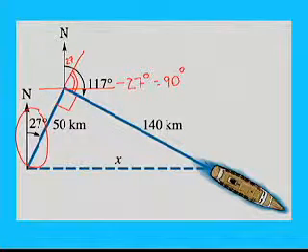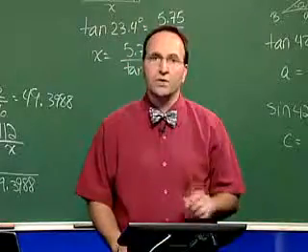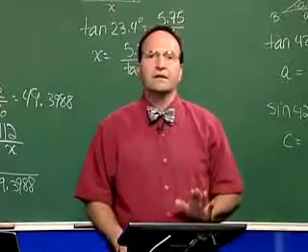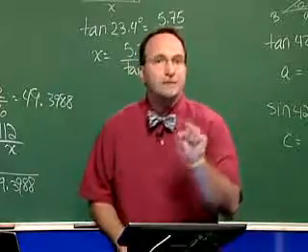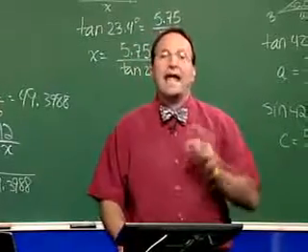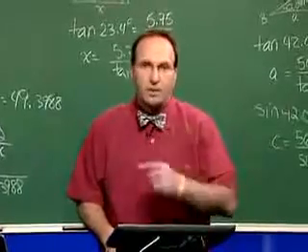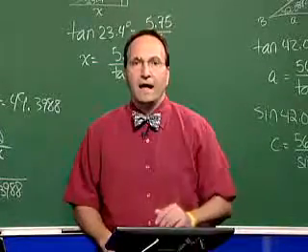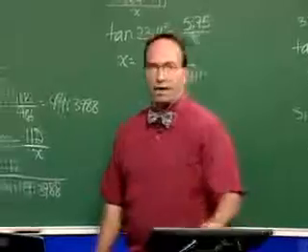And of course, if that's 90 degrees here, then this one also has to be 90 degrees. So now what I can do is take that information that I'm dealing with a right triangle again, and then put it onto the green board, and we can continue with that problem.